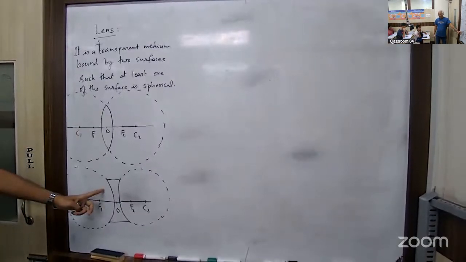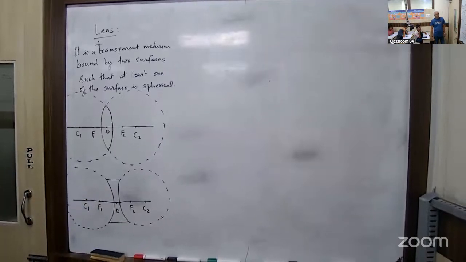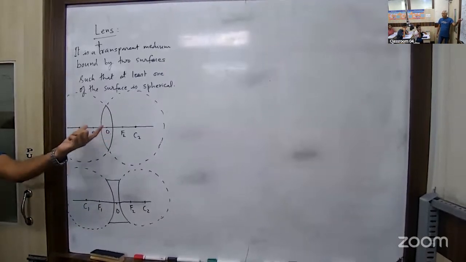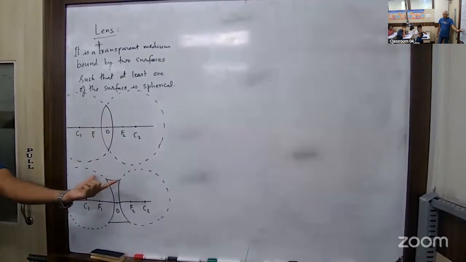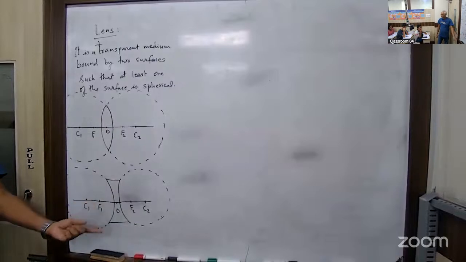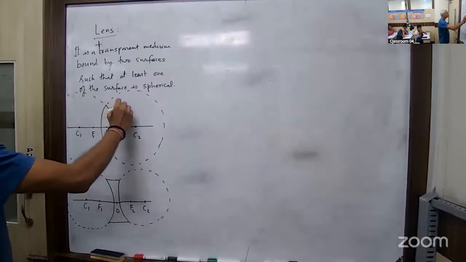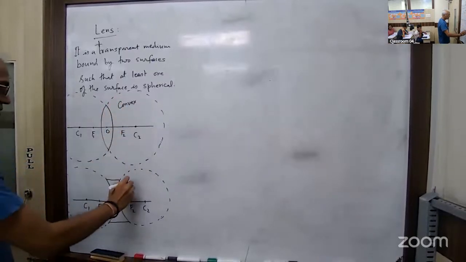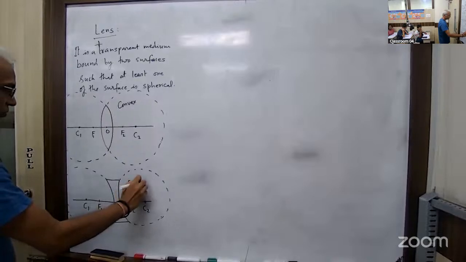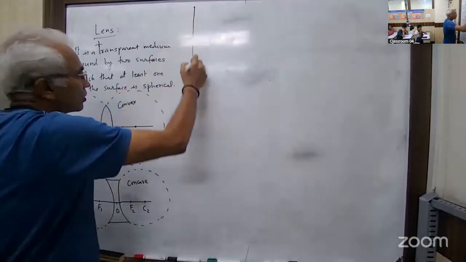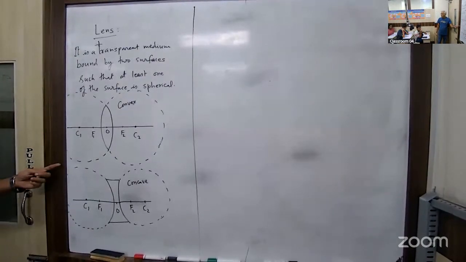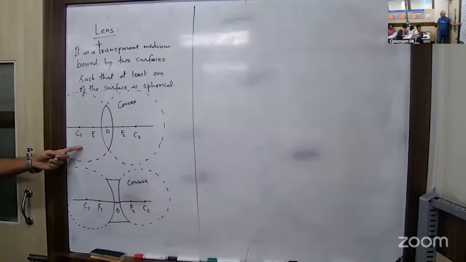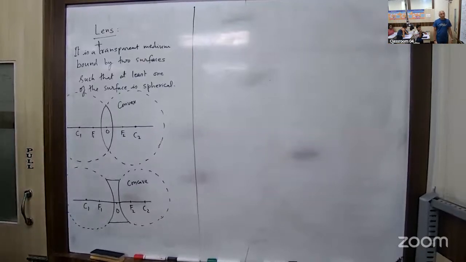And this is convex. So convex is thicker in the middle, thinner at the edges, whereas concave is thicker at the edges and thinner in the middle. Okay, there's a description. So this is convex and this is concave. Okay. So now we'll discuss the image formation by convex lens for various object positions.